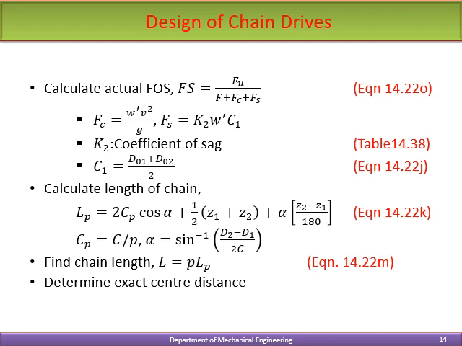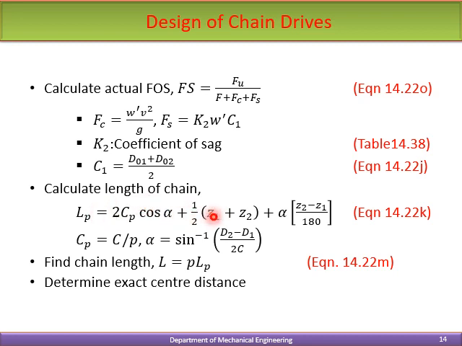In that, W dash you will obtain from the third step, and the next value Fs is equal to K2 into W dash into C1, where K2 is the coefficient of sag and C1 is the center distance. Here the center distance can be obtained from this equation. Then you can find the length in pitch. Calculate the chain length in pitch as LP.